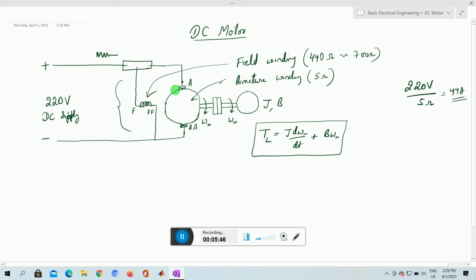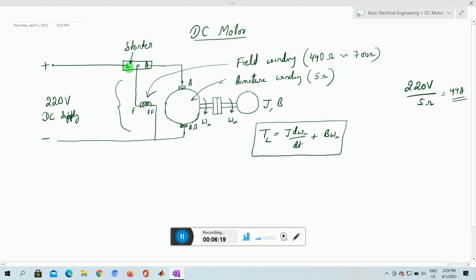After the motor starts revolving, it will attain the rated speed or near the rated speed. After that, we don't need the resistance. So that's why we need to connect a starter, S-T-A-R-T-E-R. The starter has terminals named L, F and A, where A stands for armature, F stands for field, and L stands for the line that is connected to the line.